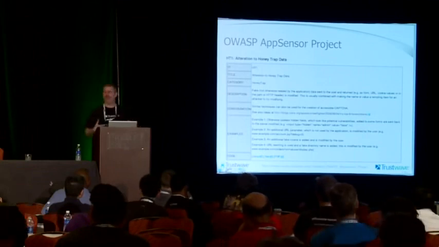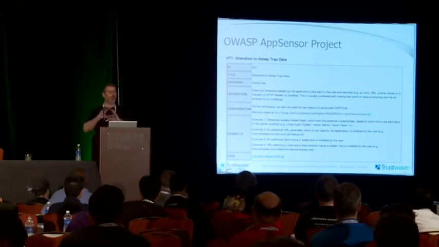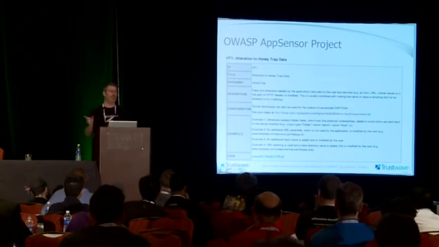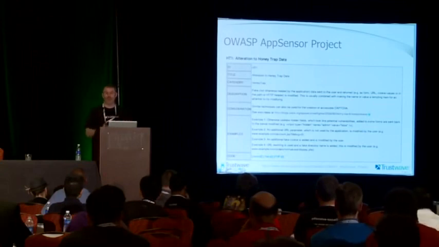So taking a step back, what are we talking about with a honey trap? How is that different than a honey pot? Typically, honey pot systems are totally separate servers or applications, VMs. They're totally separate systems that you would redirect traffic to. The difference between that and a honey trap is the user is actually accessing and interacting with your actual web application.